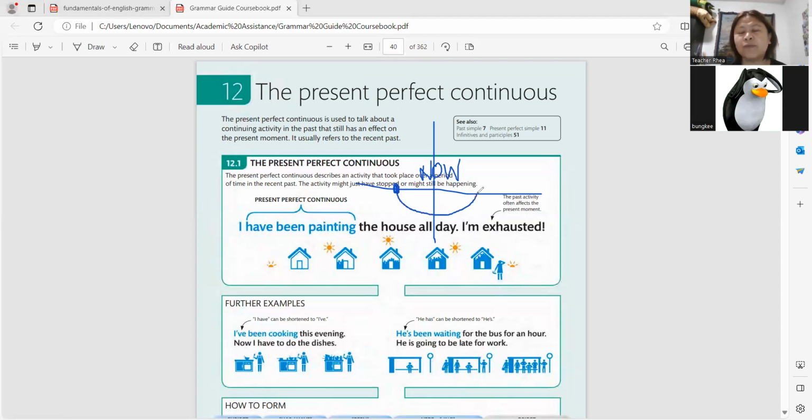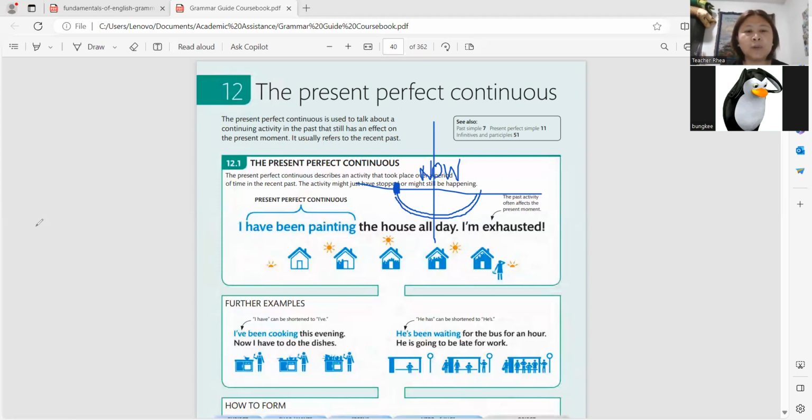So the activity, the event happened in the past and is still happening from that moment until now, or even in the future. It will still be happening in the future. So that is present perfect continuous.